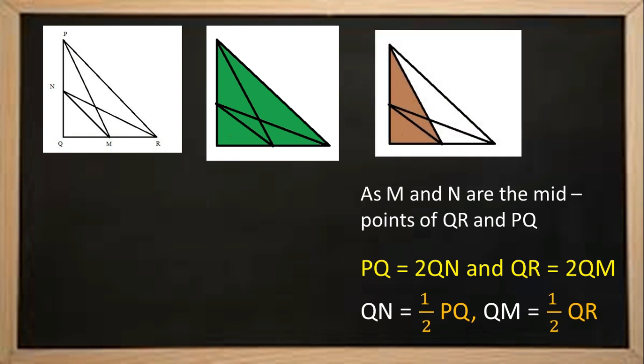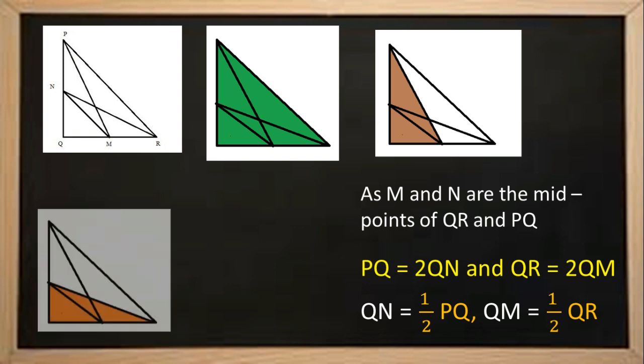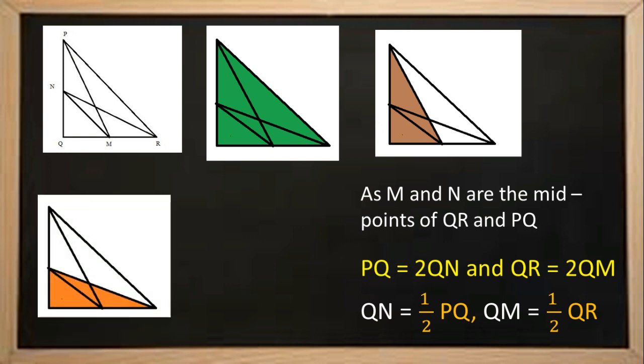Second, if you consider the second diagram, PQM is a right angle triangle, right angled at Q. The second result I am going to obtain is PM square is equal to PQ square plus QM square. And the third one, the triangle RQN, right angled at Q. Hence the result will be RN square is equal to QN square plus QR square.